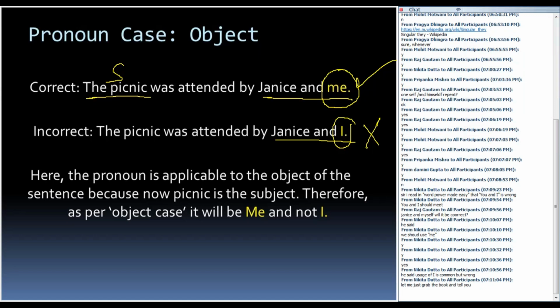When I say you and I should meet, both of us are subjects. I don't think that is grammatically correct. I don't know. Yeah, just check and let me know.